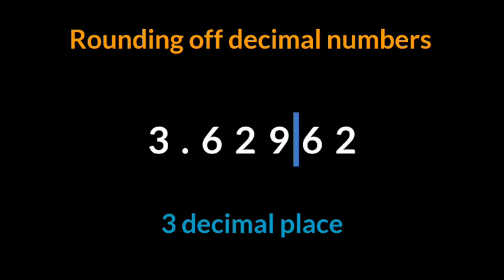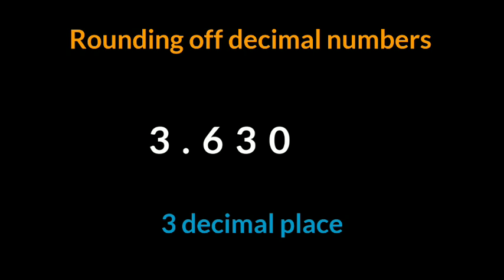When we add 1 to 9, it's going to give us 10. So we're going to put 0 and take that 1 to the second digit to make it 3. In another way, when you're asked to round up a number, it means you add 1 to the decimal numbers.